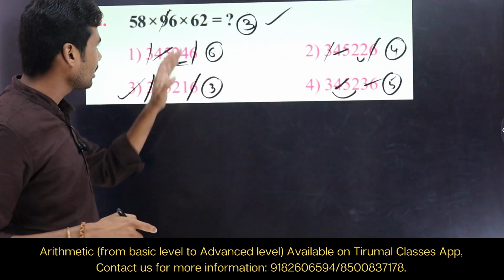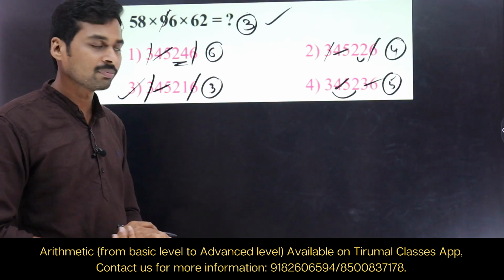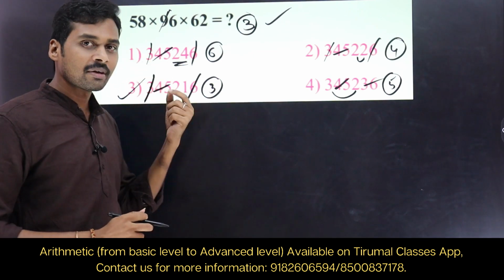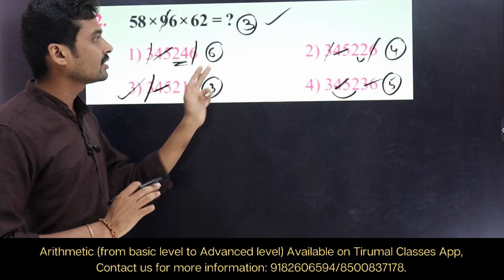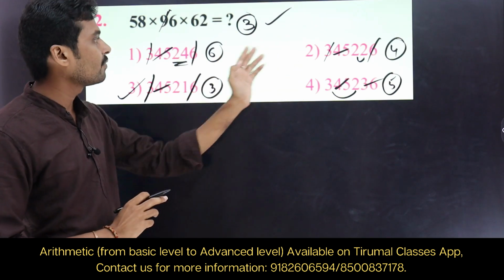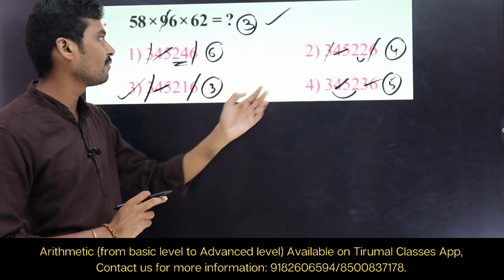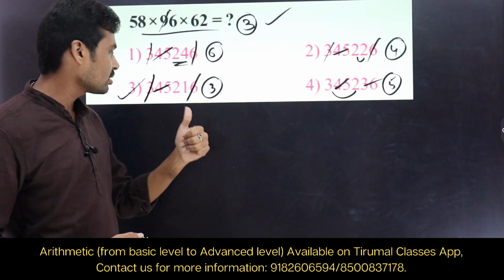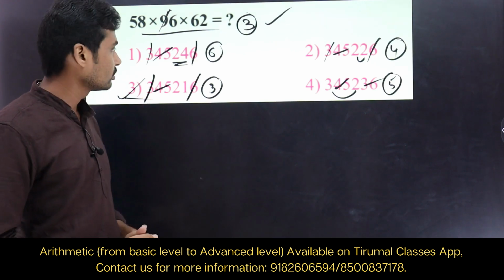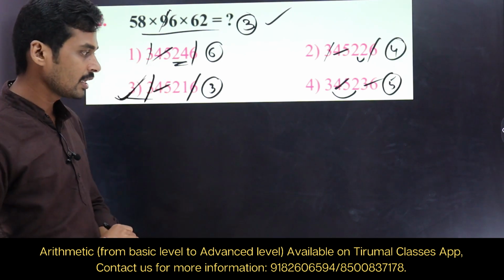Whenever you have the 9, you can cancel out the number because 9 or zeros are both the same. Wherever the digit sum is 9, you can cancel out those numbers. So the remaining numbers are 6, 4, 3, 5. The main problem's digit sum is 3, and now finally we got 3. So the third option is the right option, right?